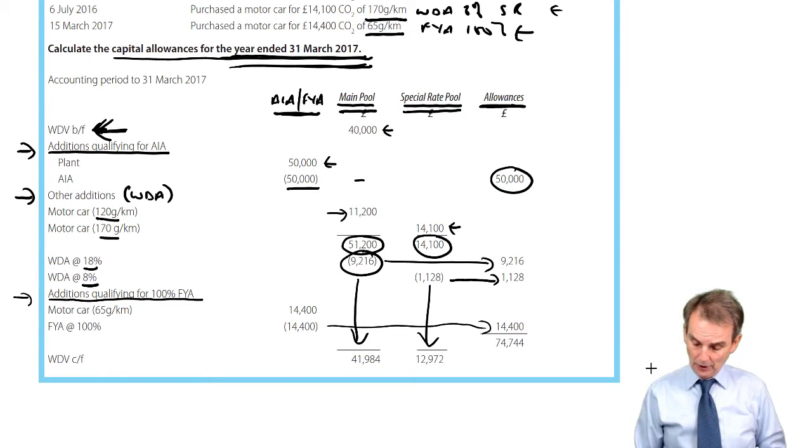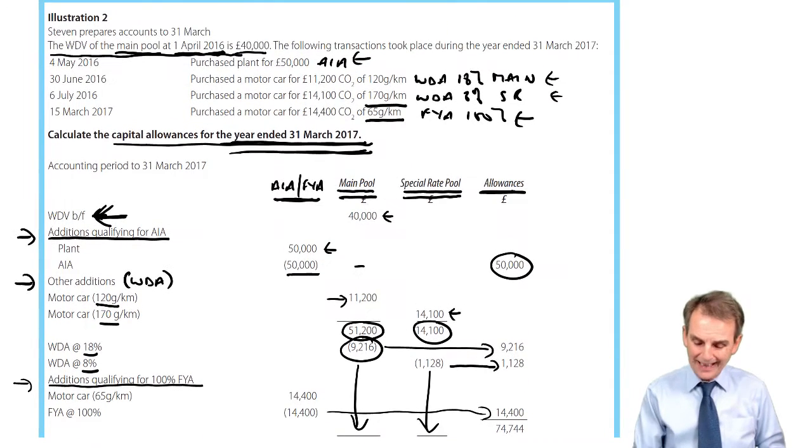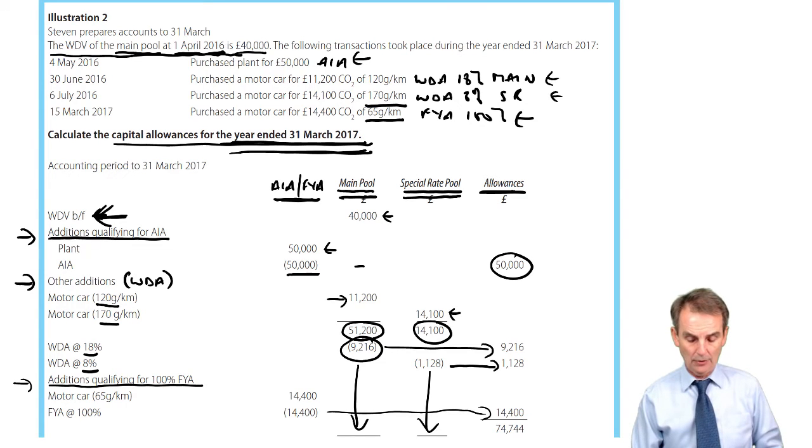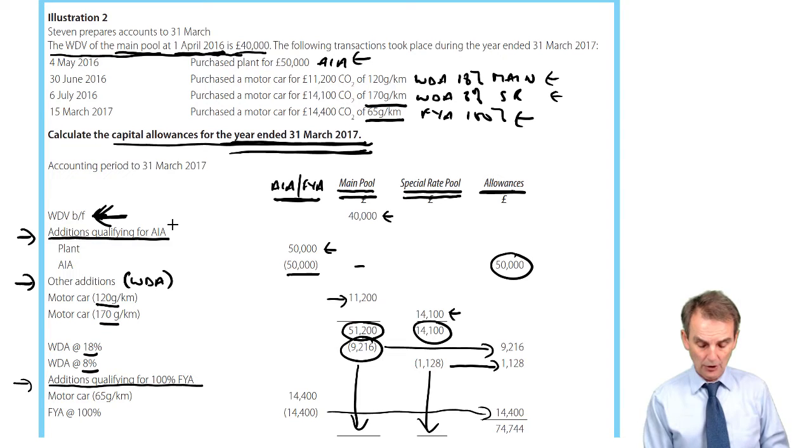So again, on your question page, you identify on the list of expenditure, as you see here, the allowances that will be available, allowing you to determine which columns you then need, structure your capital allowances computation in that way, remembering it's being prepared for the business's accounting period. Which transactions, after having firstly picked up the written down values brought forward, given in the question, which transactions first?